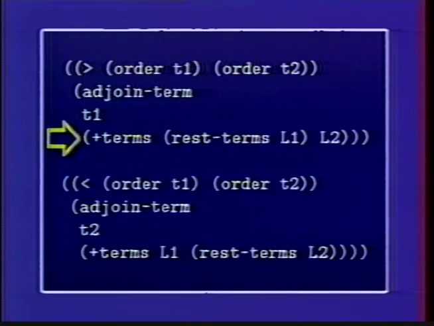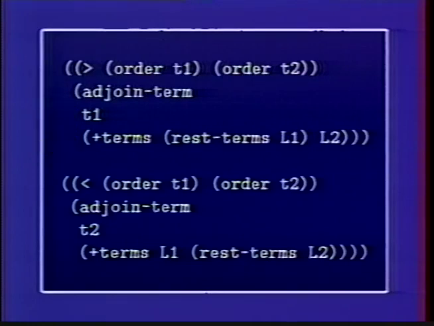We recursively add together all the terms in the rest of the term lists in L1 and L2. That's going to be the lower order terms of the answer. And then we're going to adjoin to that the highest order term. I'm using here a whole bunch of procedures I haven't defined, like adjoin term and rest terms and selectors that get order, but you can imagine what those are.